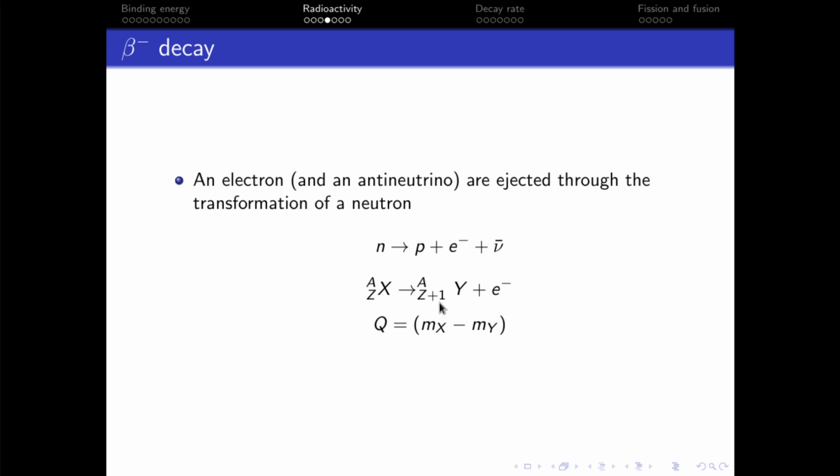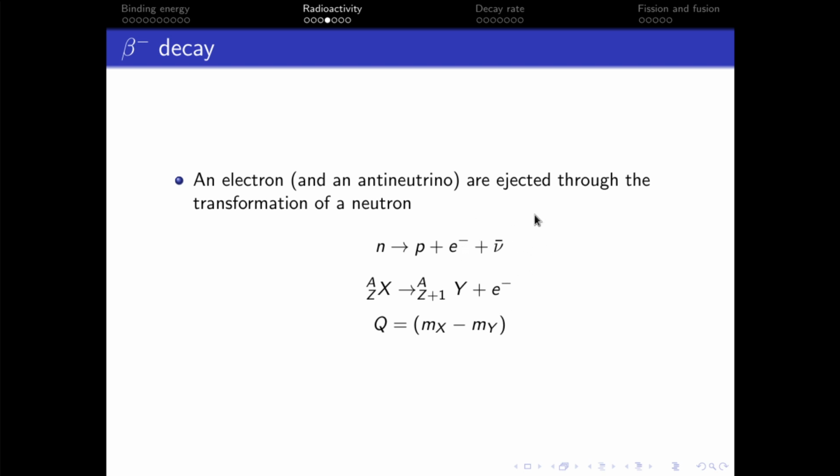This atom has Z plus 1 protons, so to make a neutral atom out of it, we take all of the Z plus 1 electrons and put them in this atom, ending up with a neutral atom of Y. So in Q, we just have the neutral atom of X at the beginning and the equivalent of a neutral atom of Y at the end. The extra electron is just thrown in to make it neutral. This is for beta minus.